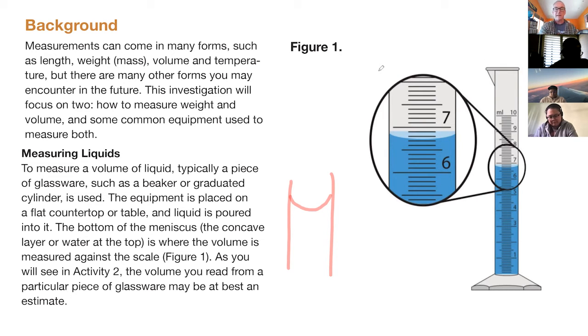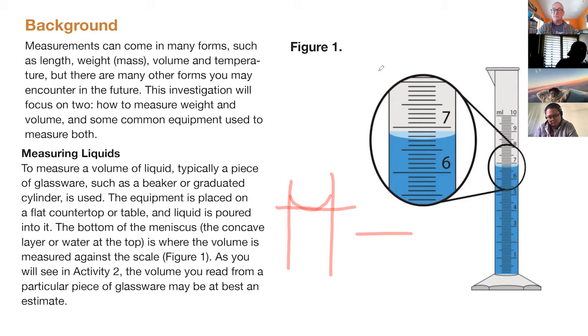And so we need to measure from the bottom of that little curvature in the liquid. The less and less polar something is, the less and less this meniscus is. Something like benzene or octane or something that's really nonpolar would just be flat all the way across because there's not that same amount of molecules pulling on each other.